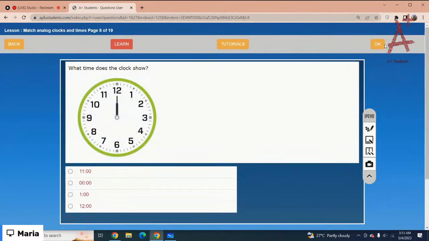Okay, the next one is what time does the clock show, which is the correct option? Yes, it would be 12. The correct option is 12.